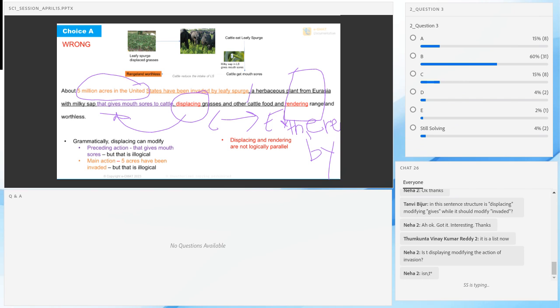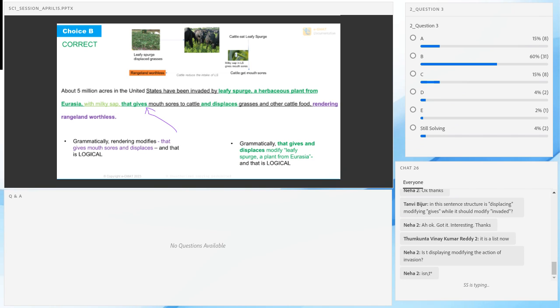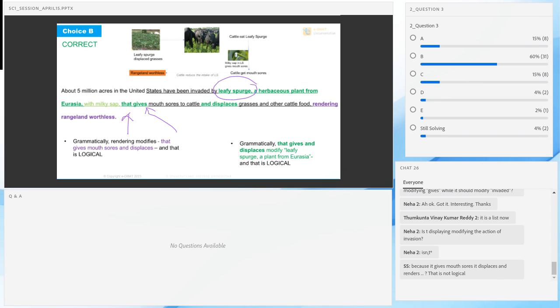Now let's see how that is corrected in choice B. How? Because leafy spurge has two verbs now. Through that, it has the verbs gives and displaces. So that is how it has been corrected. Thank you, Tanvi, for asking that question.